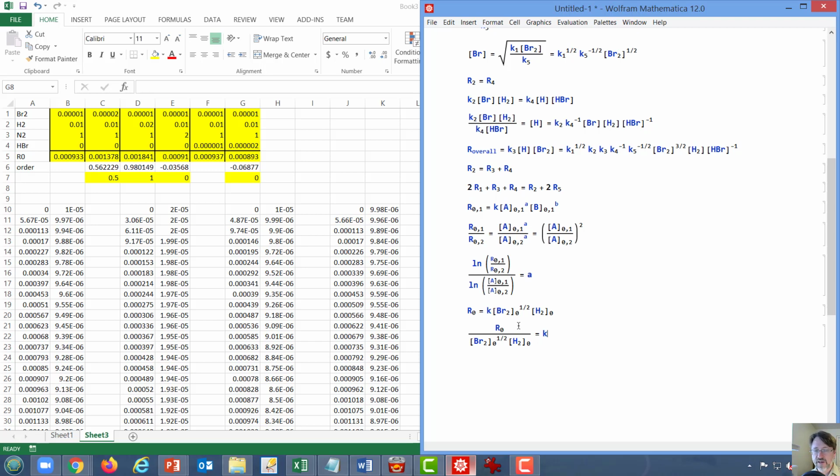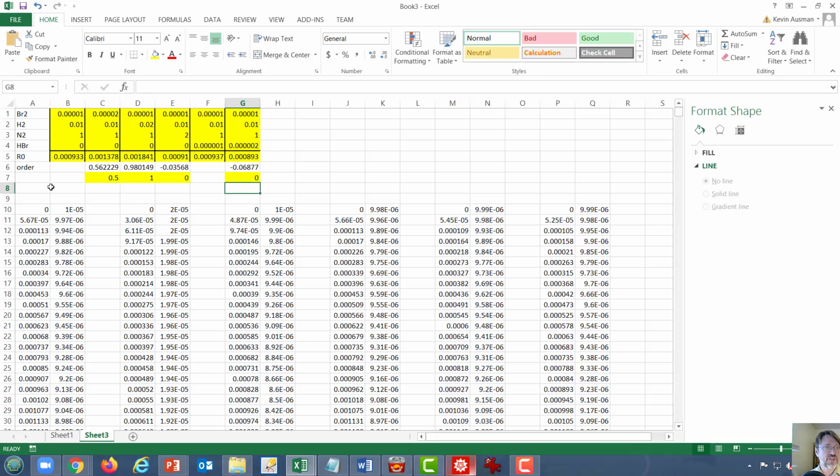It's simply going to be the initial rate divided by the square root of the Br2 concentration and the concentration of H2. So our rate coefficient is going to equal our initial rate divided by, open parentheses, our Br2 concentration to the 0.5 times our H2 concentration.